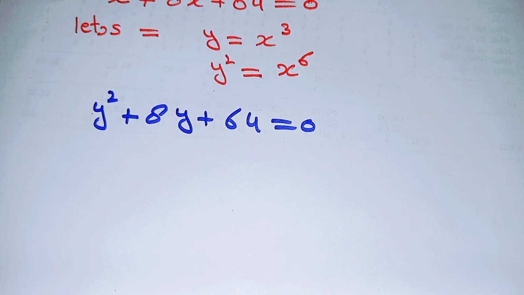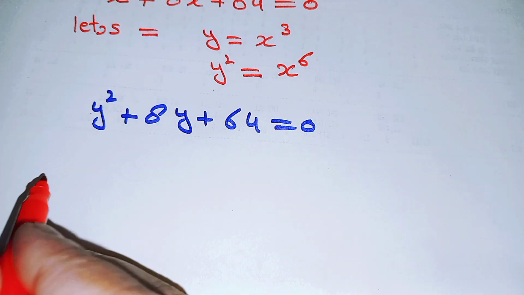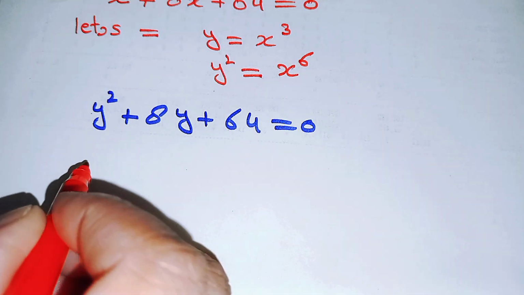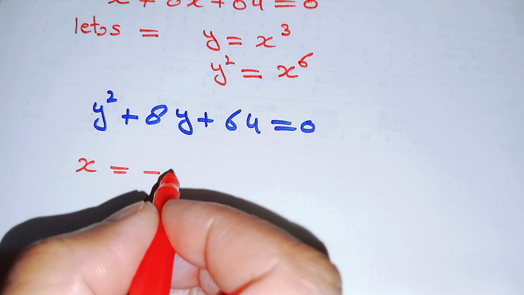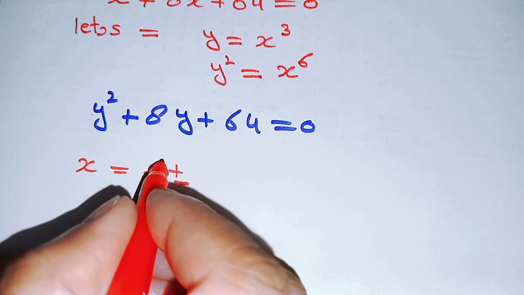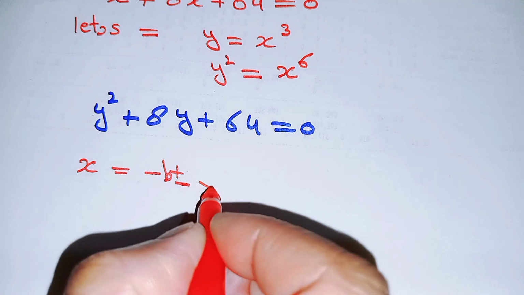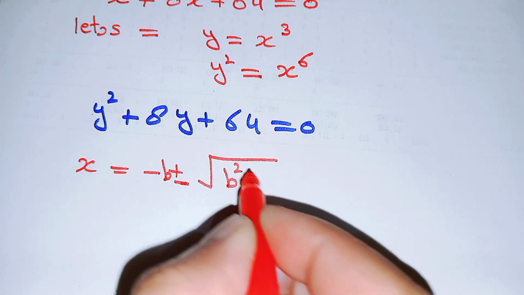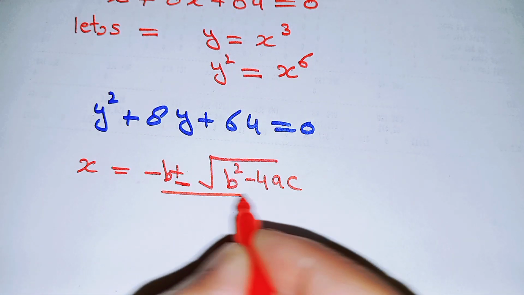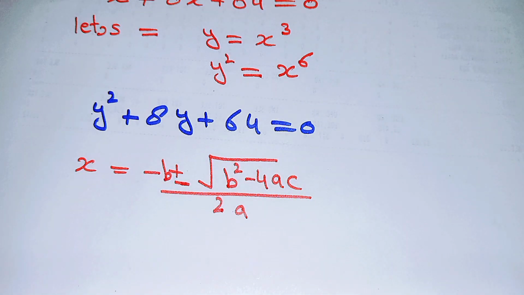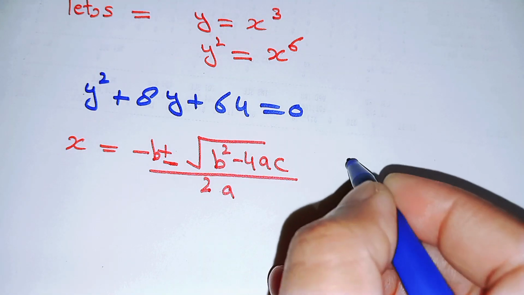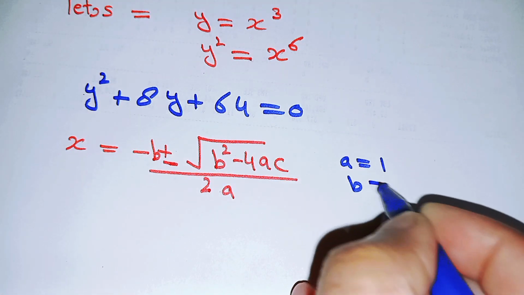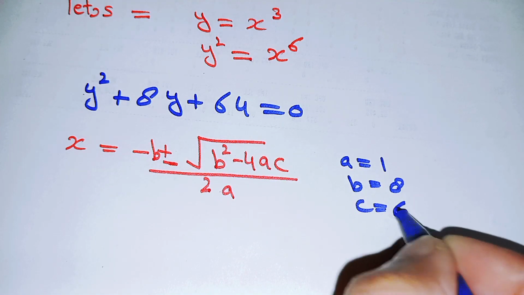And now again we can solve this equation according to a formula, which is x is equal to minus b plus minus square root of b square minus 4ac, then over 2a. And now we substitute the values here: a is equal to 1, b is equal to 8 and c is equal to 64.